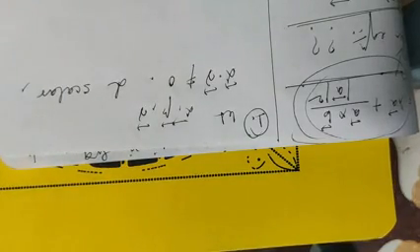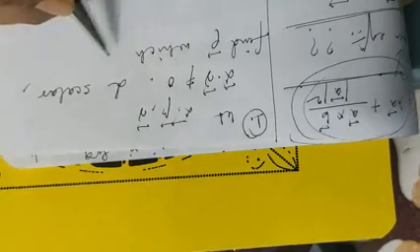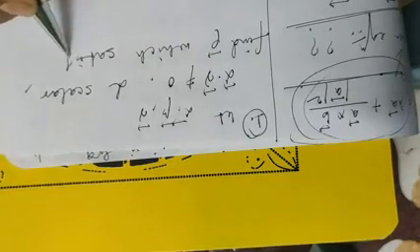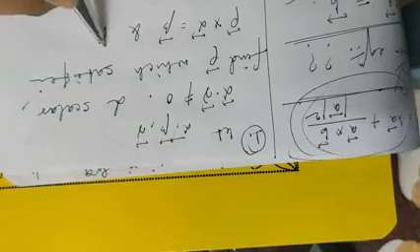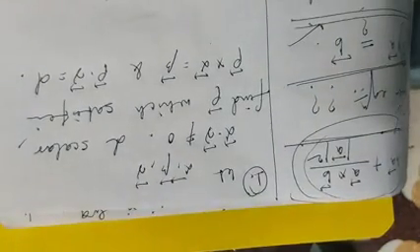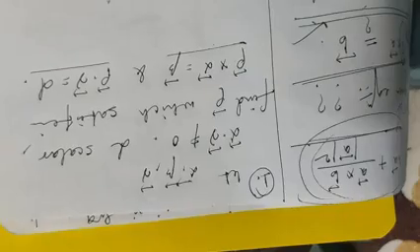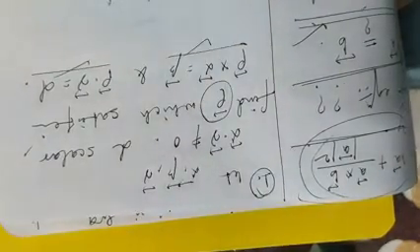Then find the vector rho which satisfies rho cross alpha equals beta and rho dot gamma equals D. That means we have to solve these two vector equations for the vector rho.